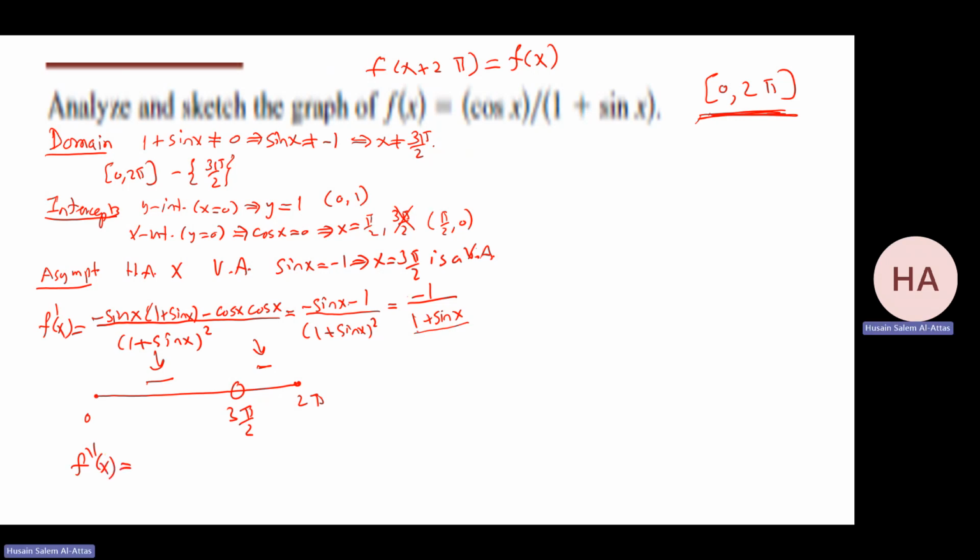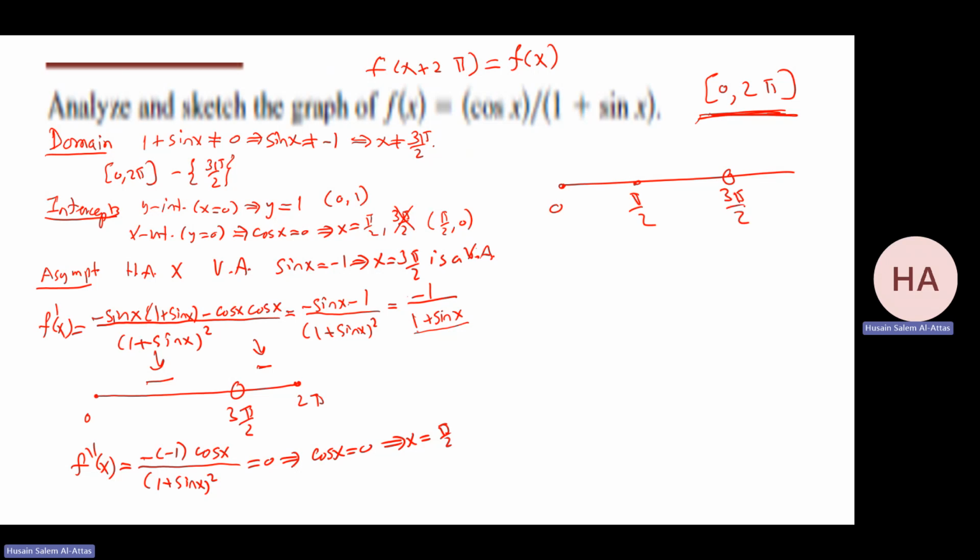Okay. F double prime. I need to differentiate this. So I have 0 times this, minus 1 times cosine x over this squared. Make it equal to 0. So I have cosine x equals 0. So I need to consider x equal pi over 2. So I'll do 0 here, pi over 2.